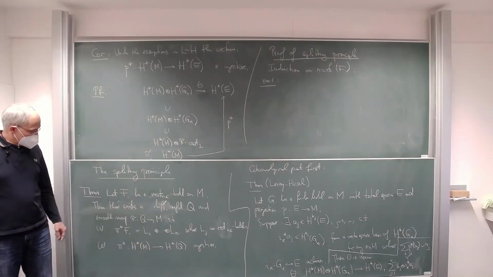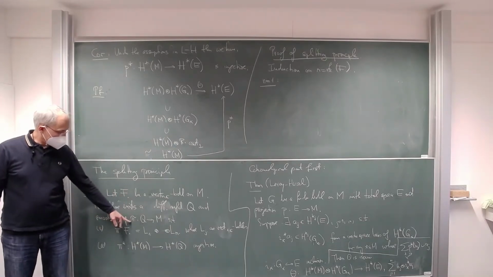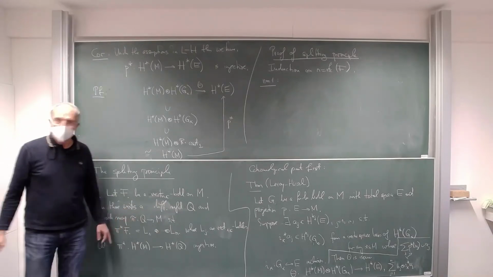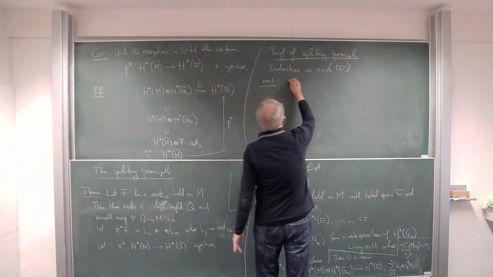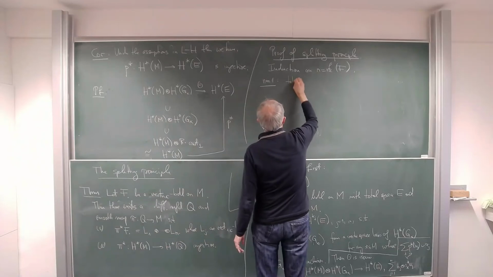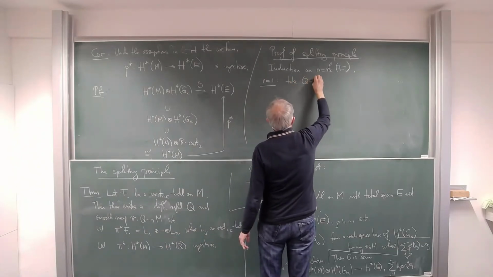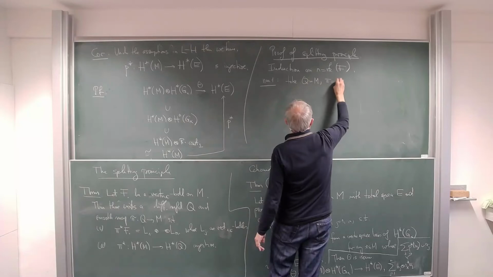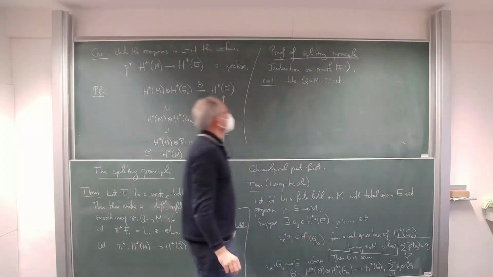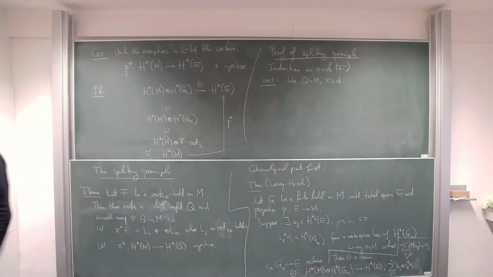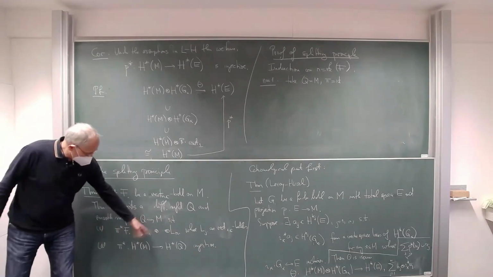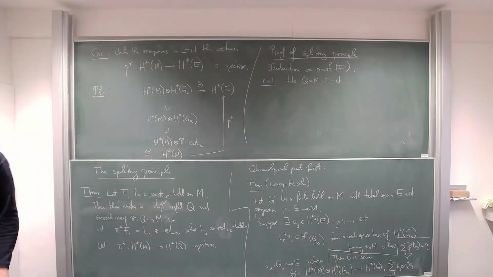And then we can just take Q equal to M, and pi is the identity. Then pulling back doesn't change anything, so we have a line bundle, and certainly also the homologies, the identity of the homologies is an isomorphism. Nothing to be done here.